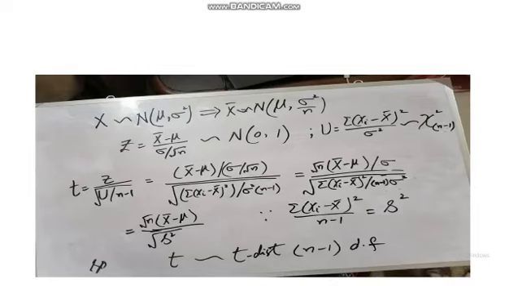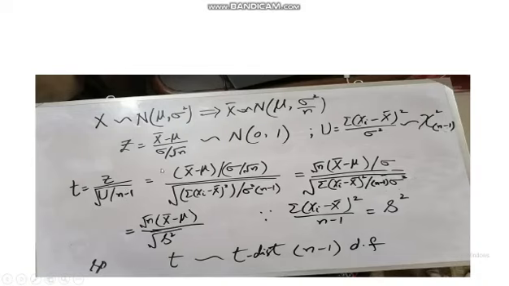Next is the corollary: if we are not taking Z and U simply, but taking X bar, which is normally distributed, and converting it into its standard normal variable, and U is chi-square distributed with the formula of the chi-square variable being this one. Here the degrees of freedom is n minus 1. So our T will become Z over square root of U over n minus 1, where we have replaced K with n minus 1.